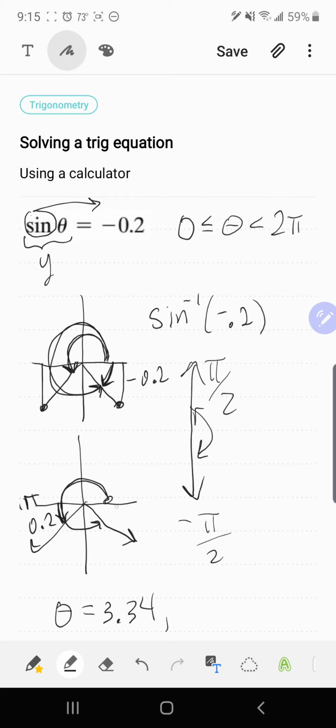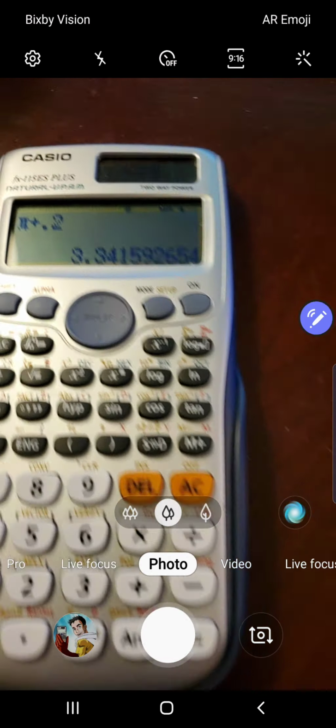and we know that this angle is going to be 0.2 away from 2 pi. So if I take 2 pi and subtract 0.2, I'm going to get this other angle. Okay, so here we go, back to the calculator.